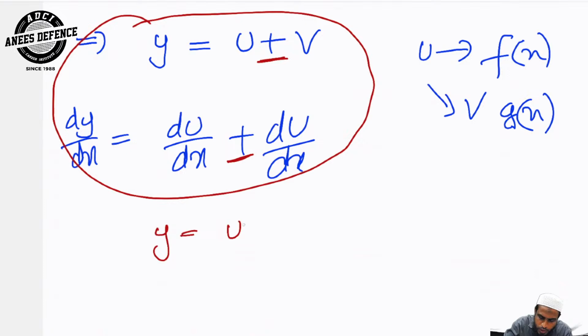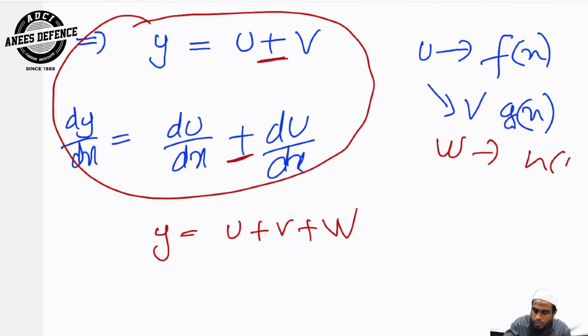Y equal to u plus v plus w. Here three functions: u is a function of x, v is a function of x, and w is a function of x only. So what is dy by dx? du by dx plus dv by dx plus dw by dx.